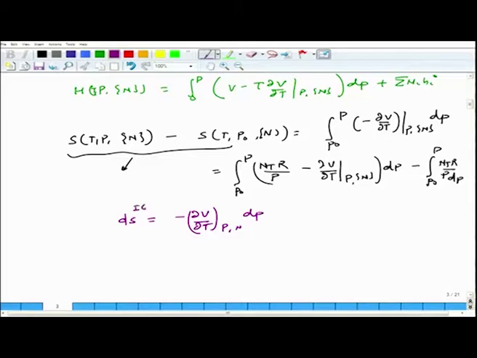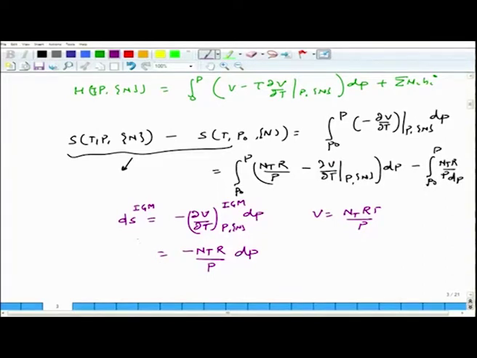Now, for an ideal gas mixture, of course, the equation of state we can write as V replaced by simply nRT by P. So when you differentiate with T, you get nothing but minus nR by P dP. All right.